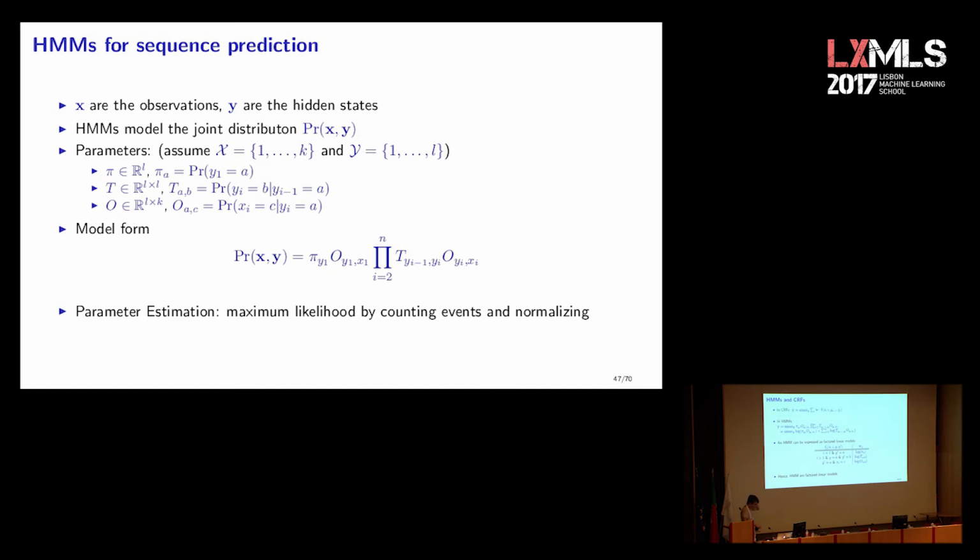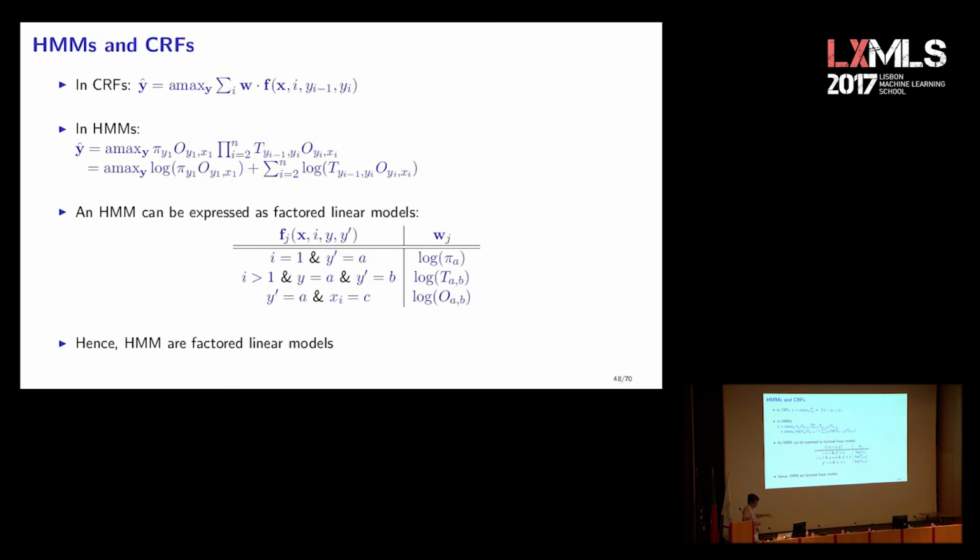Actually, one question is, what's the relation between an HMM and a factor linear model, okay? Are they very different expressively? So I think I'm going to skip this because I think I gave a lot of things. But the point of these slides is that HMMs are written like that, and CRFs or factor linear models are written like that, okay?